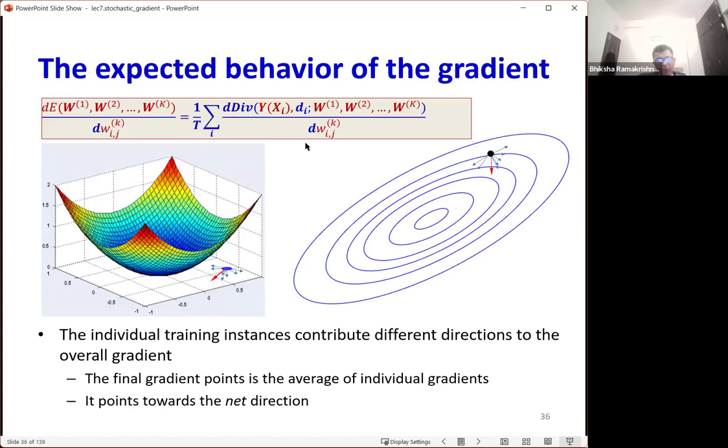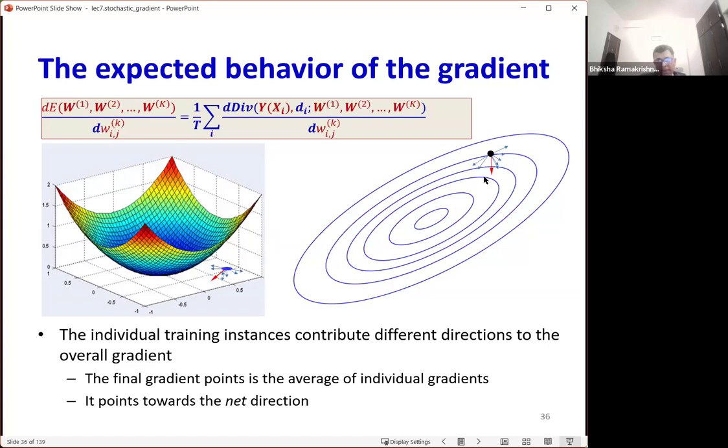Now, when you perform gradient descent, the actual loss function is the average divergence over all the training points. So the derivative of the loss with respect to any network parameter is simply the average of the derivatives of the divergence with respect to the parameters for each training instance. So the overall gradient is the average of the gradients of the error for each of the training instances.